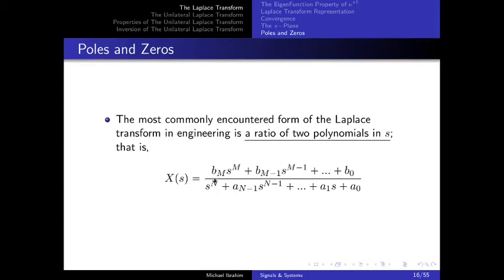If we have a polynomial of order m, we can factorize it into m first order terms of the form s minus a constant, z, we'll call it z. And the polynomial in the denominator is of order n, so we can factorize it into n first order terms of the form s minus p.